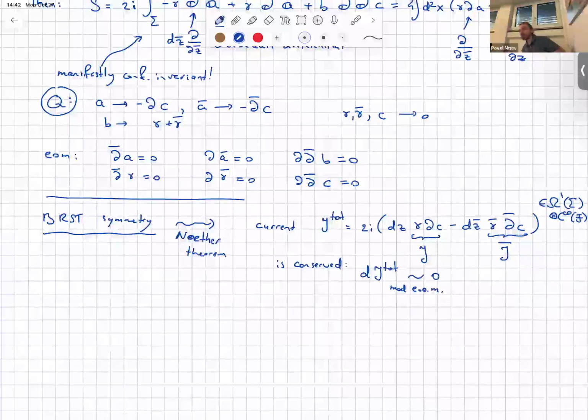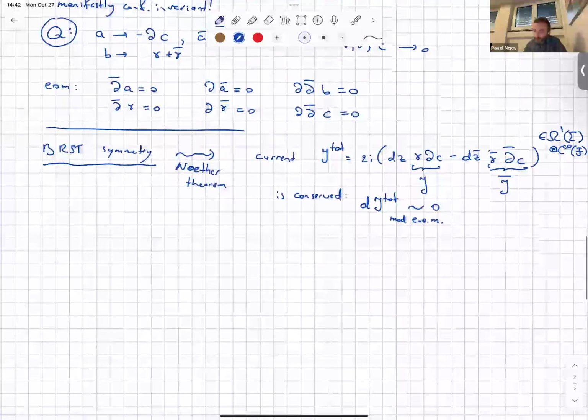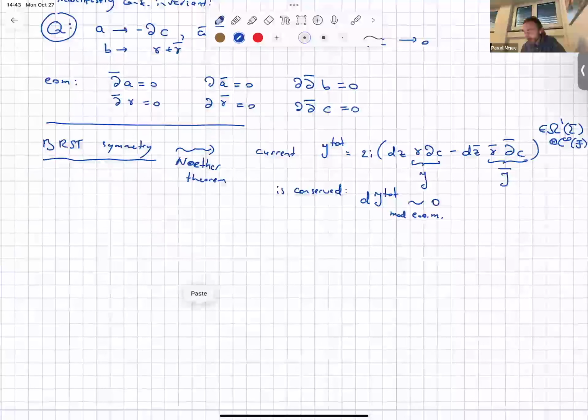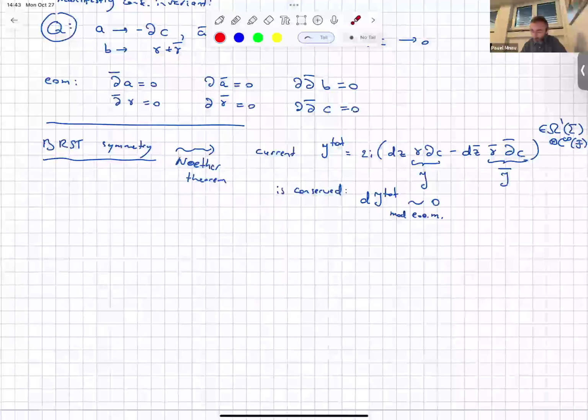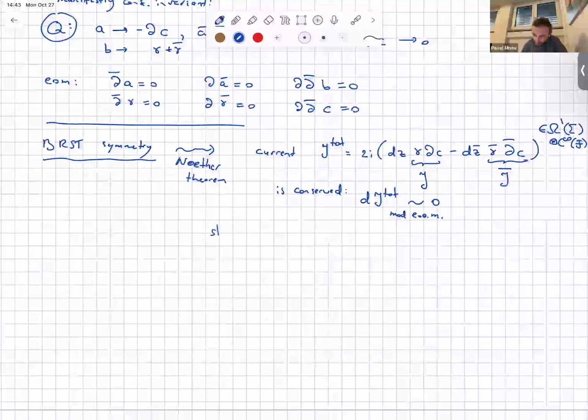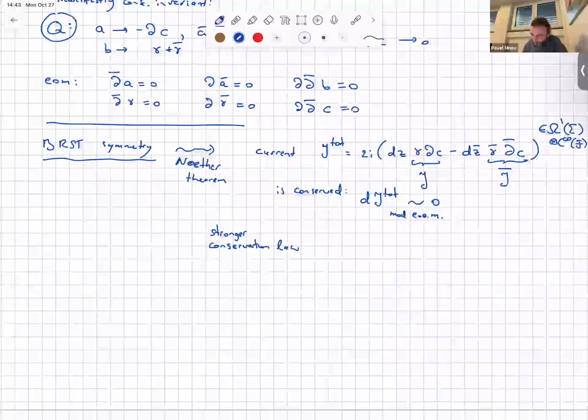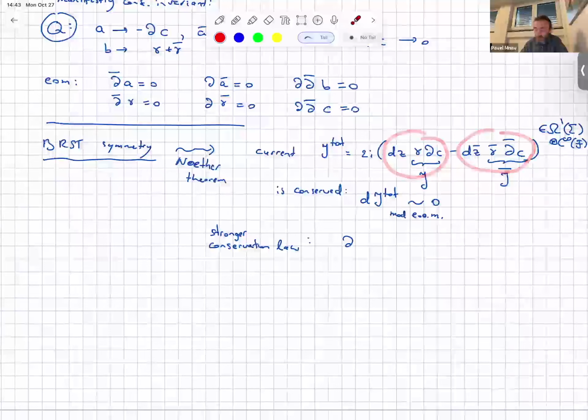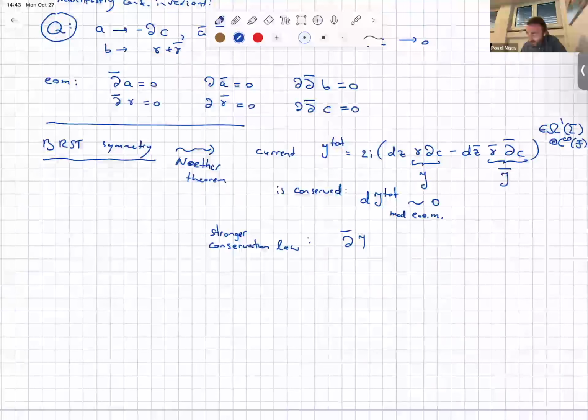That's what conserved means. But in fact, and this is something you can check using the equations of motion above, there's a stronger conservation law, which tells you that separately the holomorphic and anti-holomorphic parts are conserved. This is not automatic, but it is true here.